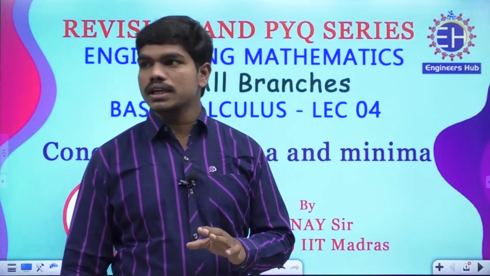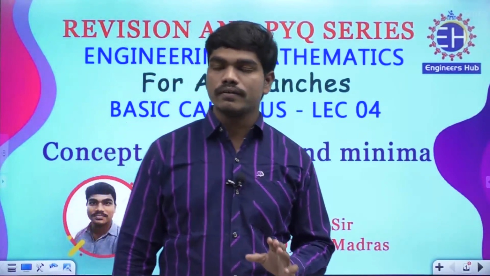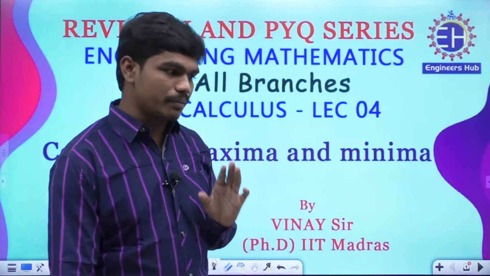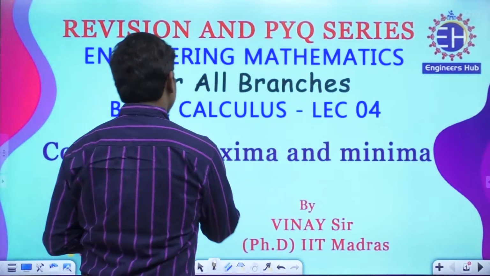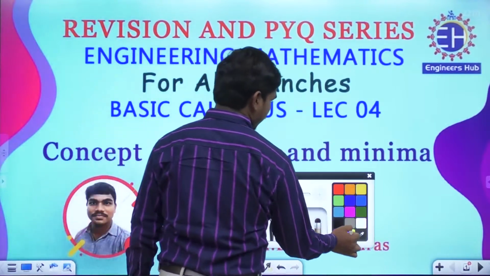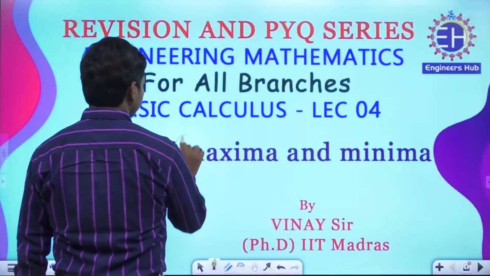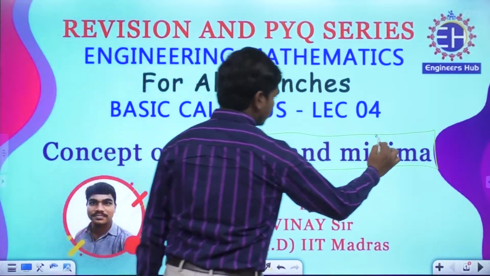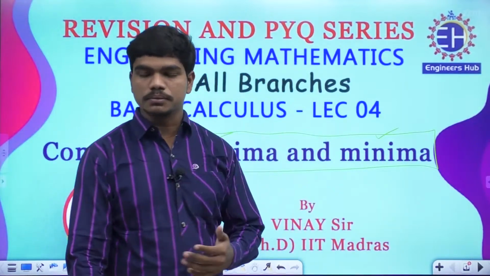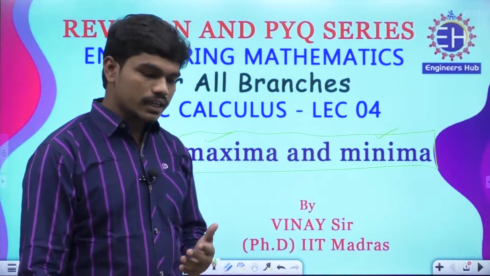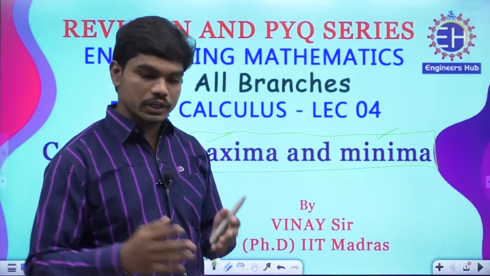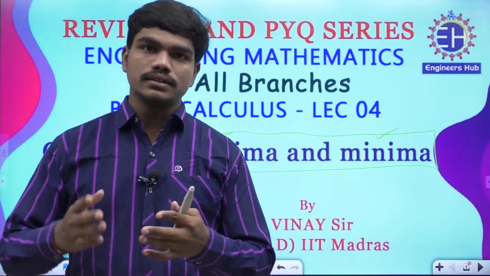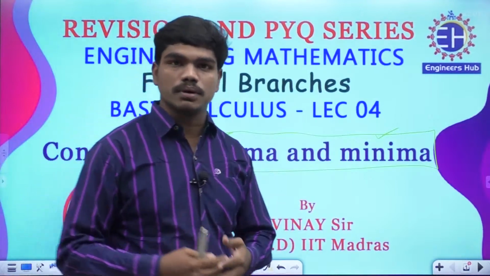So now in today's class, we deal with one very important topic, which is the concept of maxima and minima. Correct? And this concept is quite applicable in many of your core disciplines. Points where we get maximums or minimums are really important, because suppose you are establishing a business, you need to know the main points which make your profit maximum.